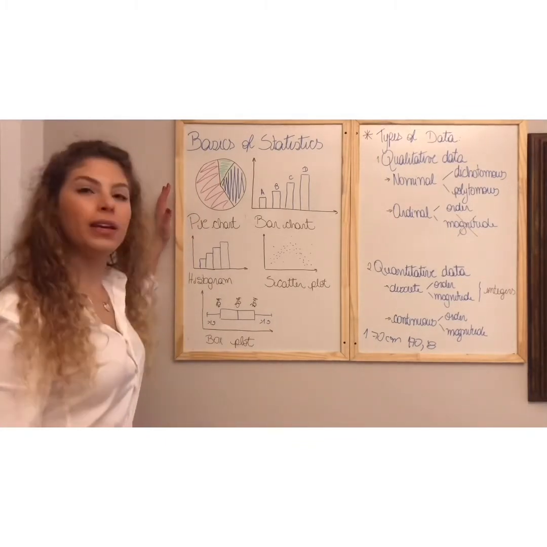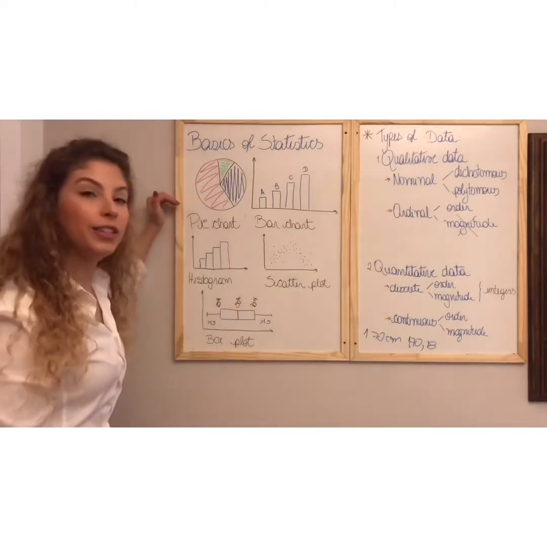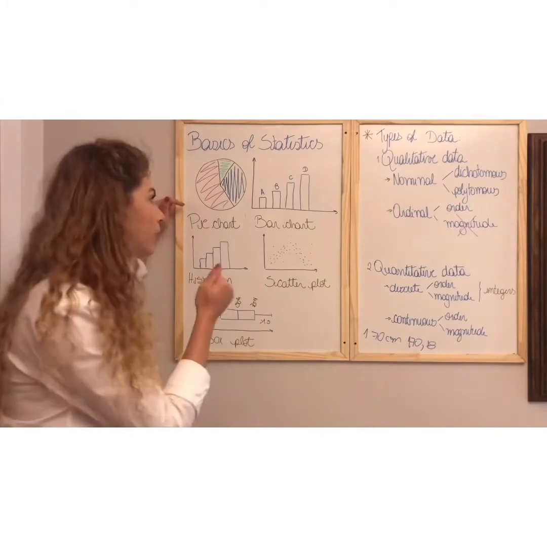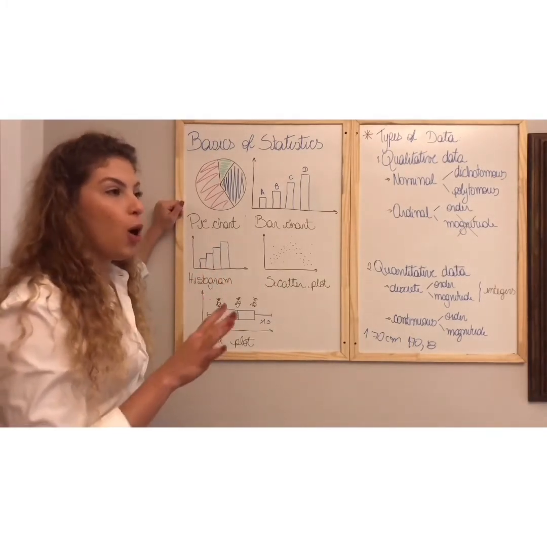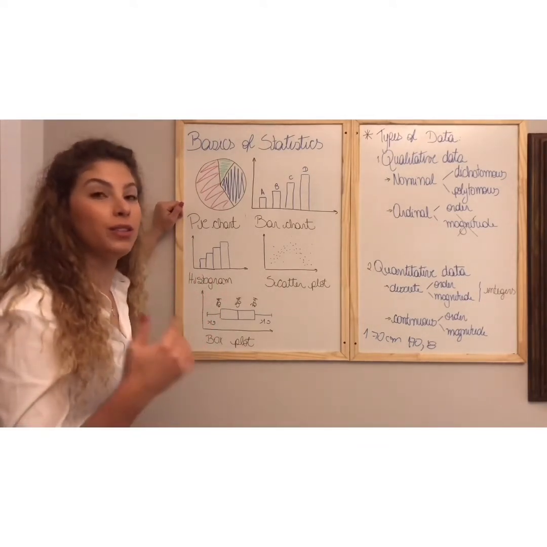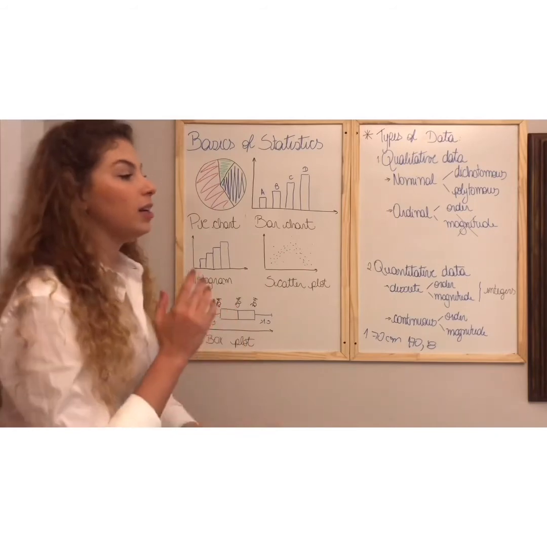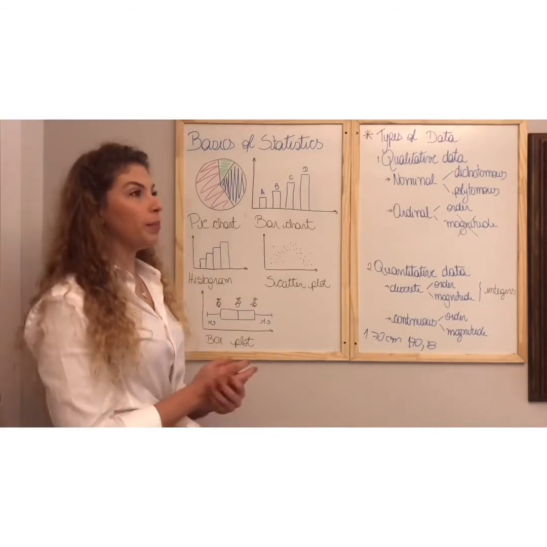The two main kinds of graphs used to represent qualitative data are the pie chart and the bar chart. With a pie chart, I cannot compare two categories with two levels. I can have only two categories with one level each. For example, birds and cities.